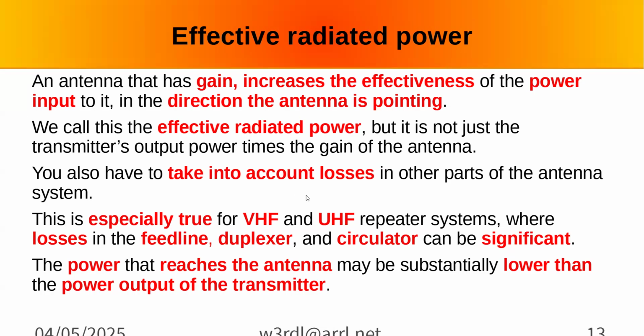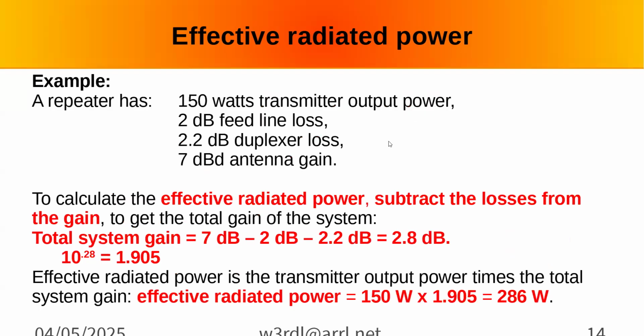Of course, you could have several dB loss in the transmission line and the matching. And a 10 dB antenna means it's probably a Yagi or some beam antenna in order to get that much gain out of it. So an example here, we've got a 150 watt transmitter. We have 2 dB of feed line loss, which depending on the band isn't unusual.